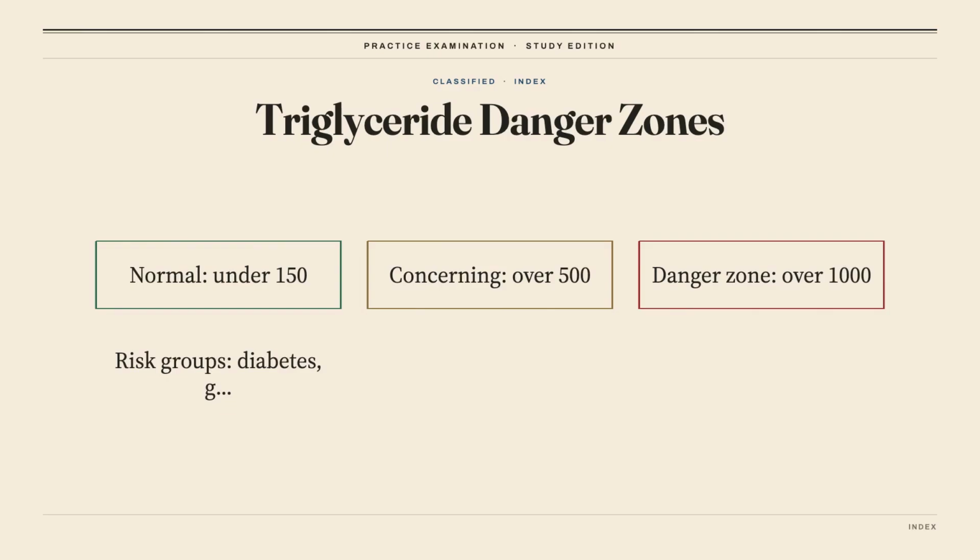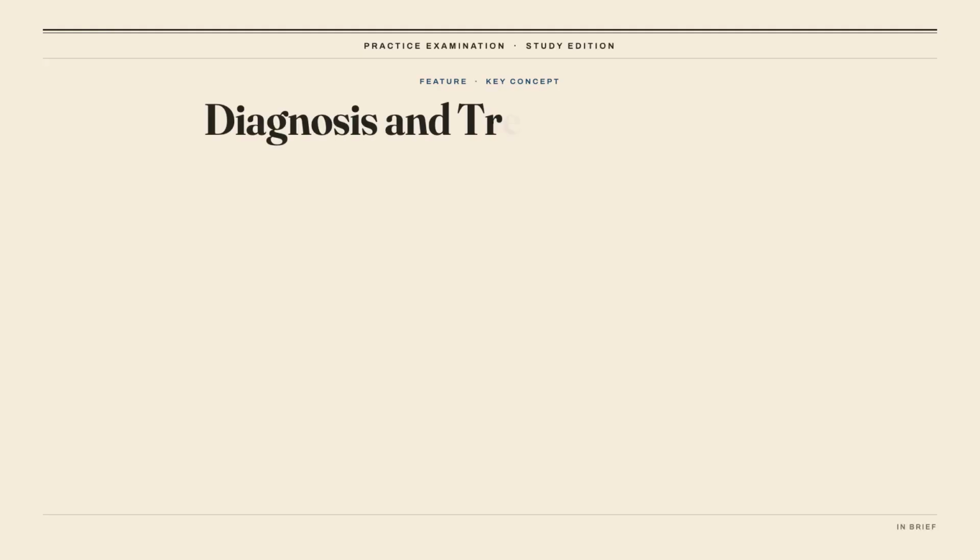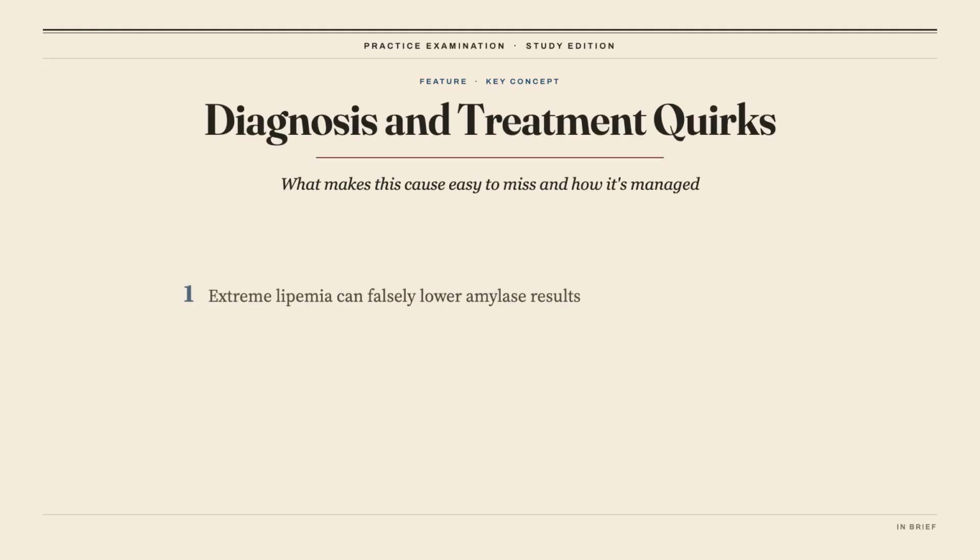Normal fasting triglycerides sit below 150, concern begins above 500, and the recognized danger zone starts at 1,000, roughly 7 times normal. This level of severity typically appears in people with severe lipid disorders, poorly controlled diabetes, or a mix of genetics and heavy alcohol use. A lab quirk complicates diagnosis. Extreme lipemia can falsely lower amylase, so lipase becomes the more trustworthy test.